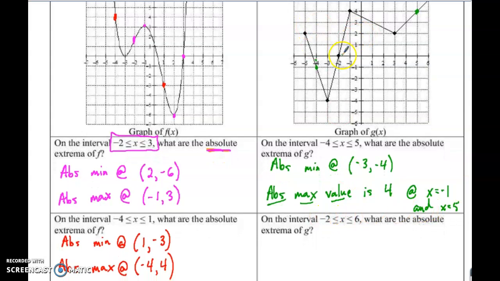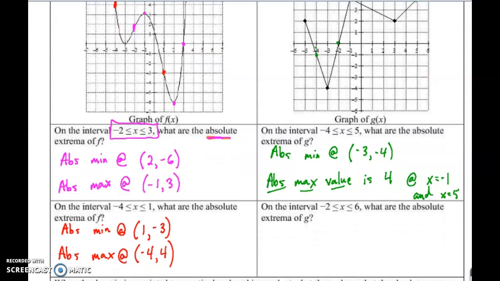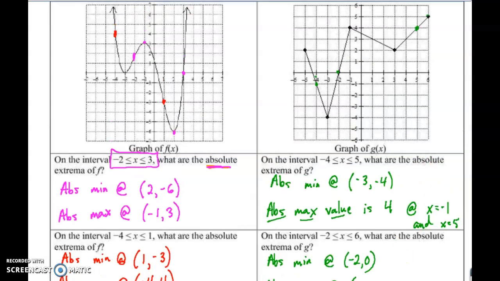Now let's look at some different values from -2 to 6. It looks like the absolute min at -2, 0, and an absolute max at 6. I think it went up to 5, right?